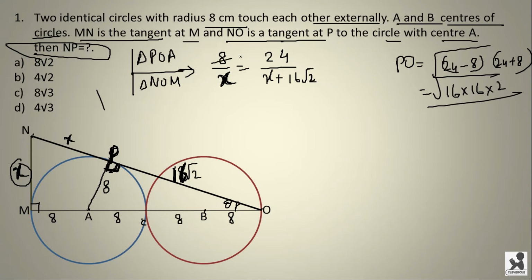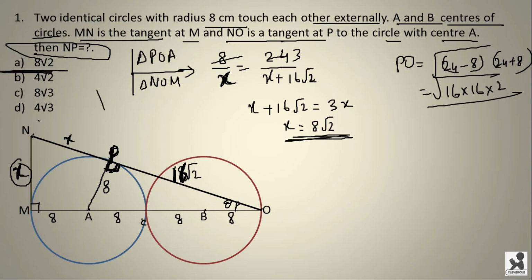Now 8 goes 3 times, so x plus 16 root 2 is equal to 3x, and from here we get x is equal to 16 root 2 by 2, that is 8 root 2. 8 root 2 is the answer for this question. I hope you guys understood. If you guys did not understand, please watch this question again.